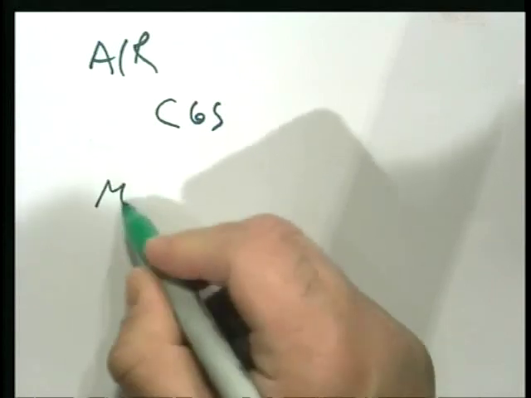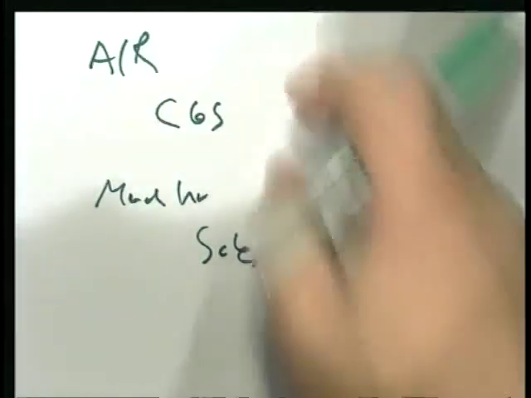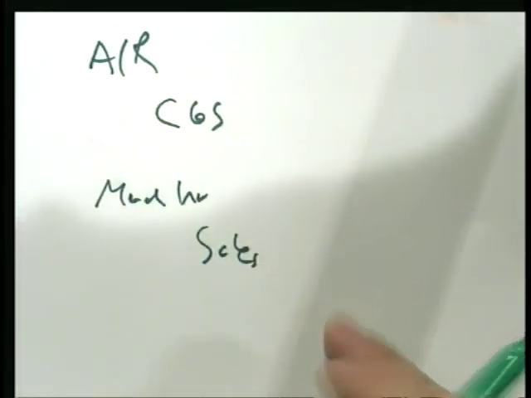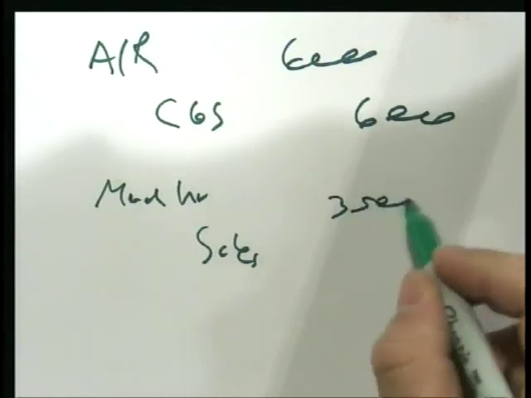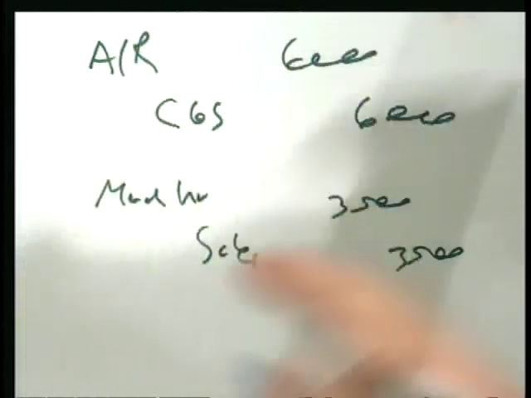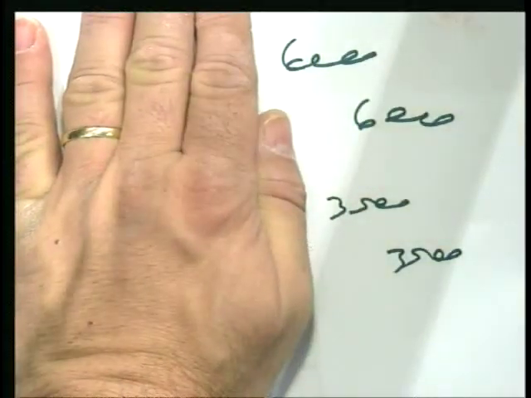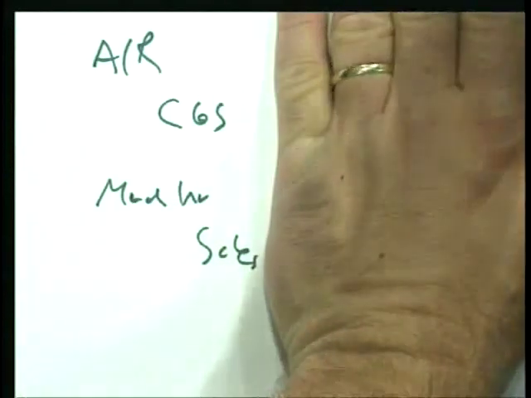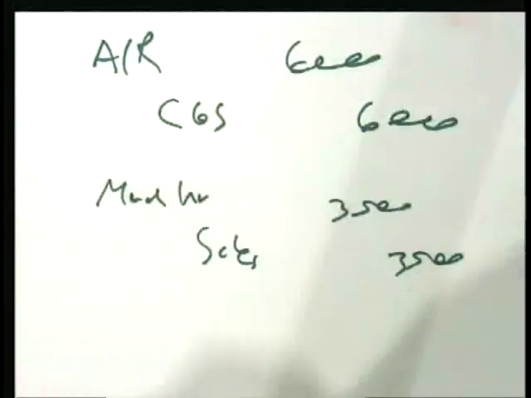Oh, I think this is merchandise inventory, and this is sales. Oh, I don't remember which has the big accounts with the big numbers and the little numbers. So is this 6,000? Is this 3,500? No. So they recognize that these two numbers are going to be used, 6,000 and 3,500, and they recognize that these are the accounts that we're going to debit and credit, but they get them all mixed up.